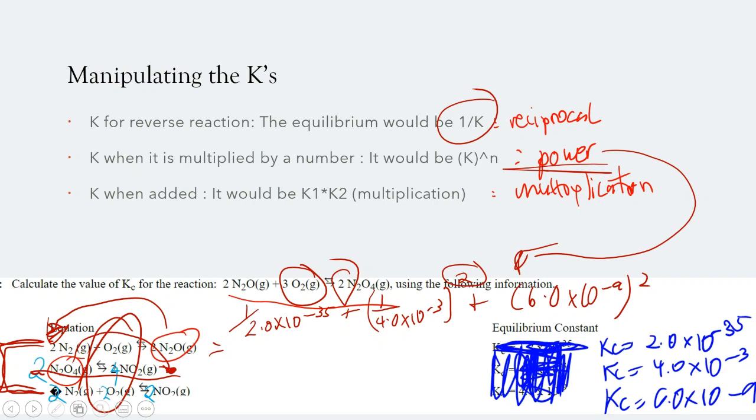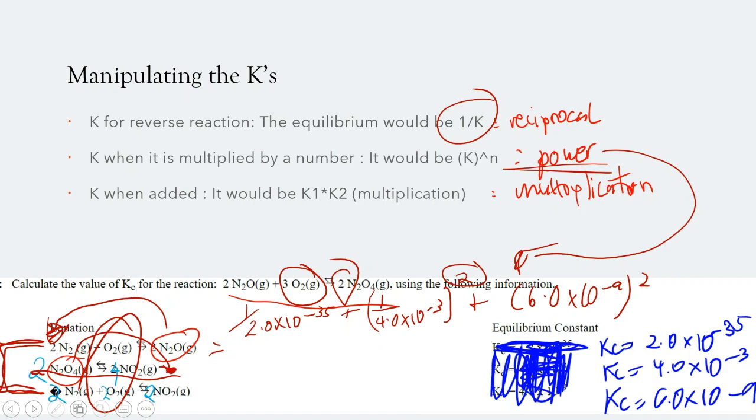To do this, it's going to be 1 divided by, let me turn it to scientific. So 1 divided by 2.0 times 10 to the negative 35.